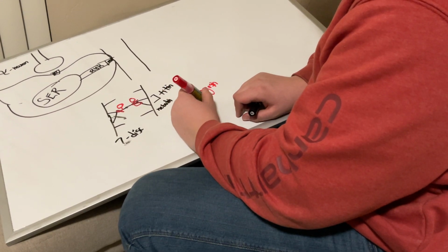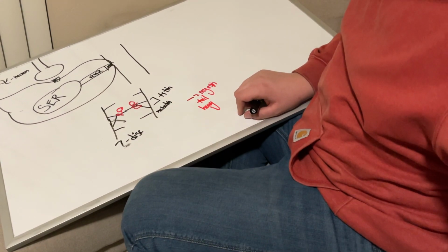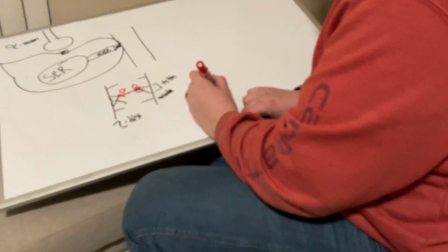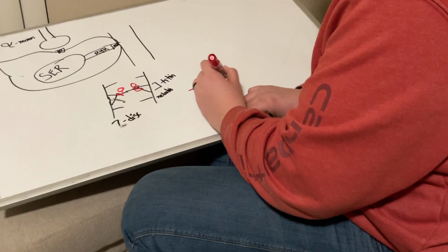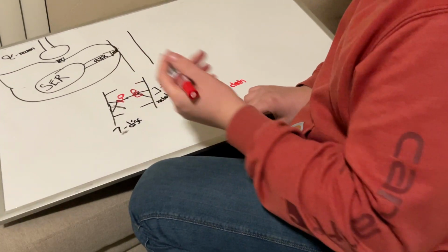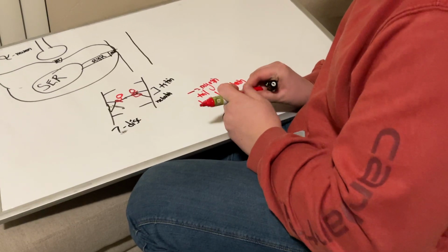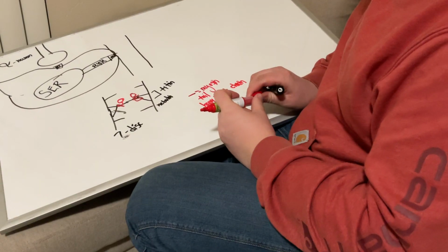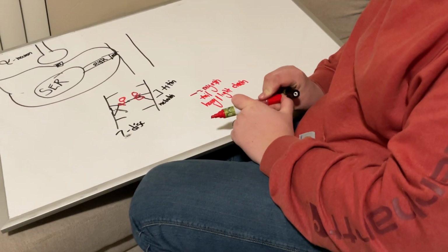And heavy chain, light chain. So on the heavy chain we have the heads. The light chain would be the tails. The light chains control the myosin.